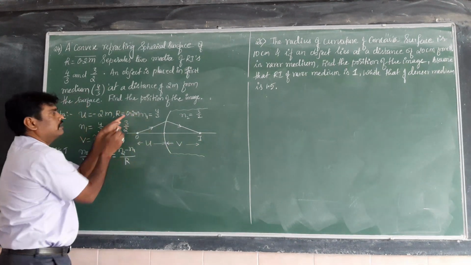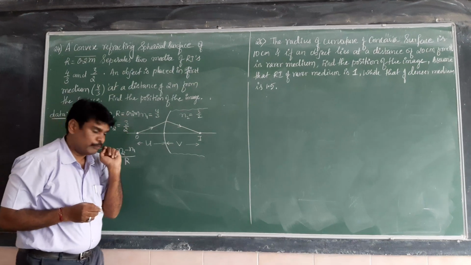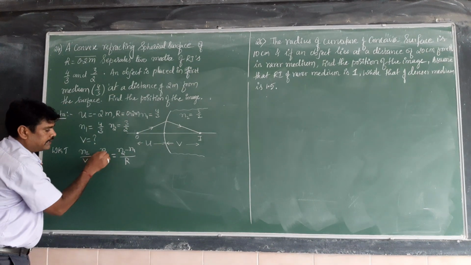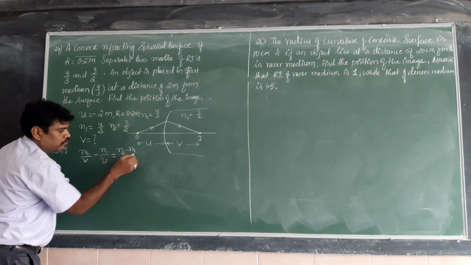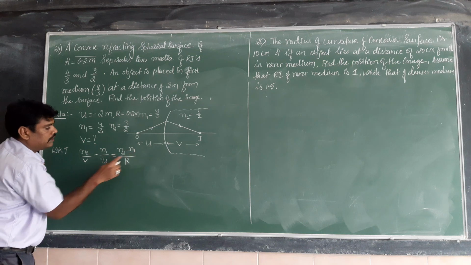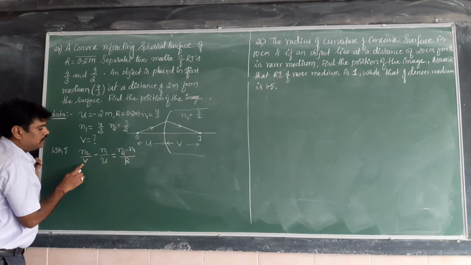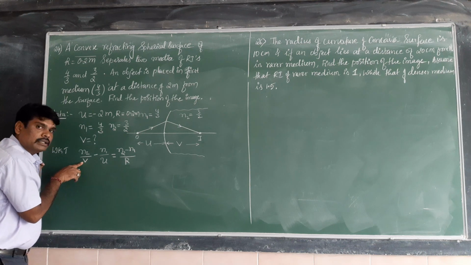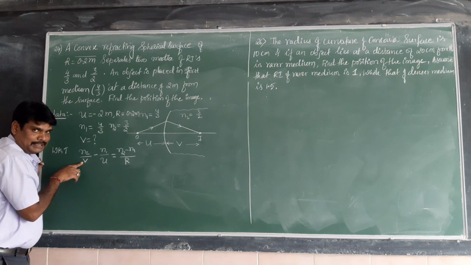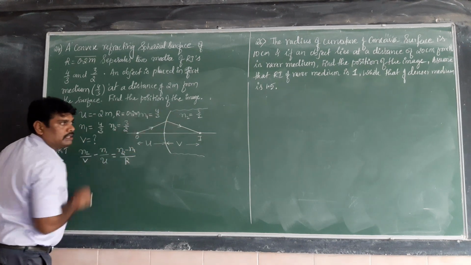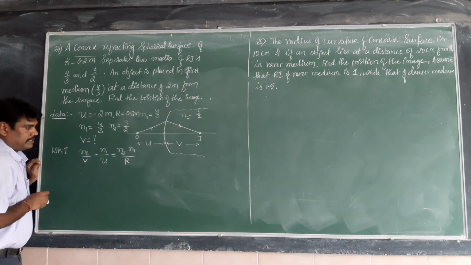That's why the radius of curvature is taken as positive. Now substitute all the values. N2 by V minus N1 by U is equal to N2 minus N1 by R. R, N2, N1 and U are given. The only thing you have to calculate is the image distance, where the image is formed due to the refraction produced by the convex curved surface.